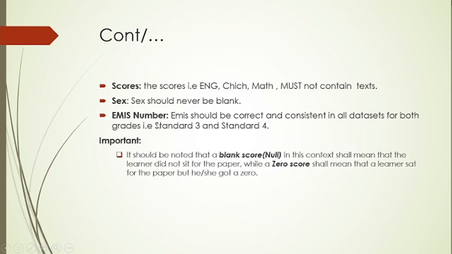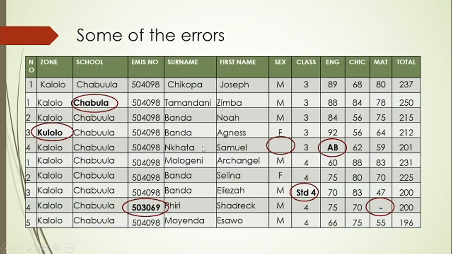For example, for a school like Chitiba, the MS number is 503069, and then in standard 3 the MS number for the same school is 503070. It means the calculation will be incorrect. For the same school, in standard 3 and standard 4, the MS number should be the same. So these are some of the errors.